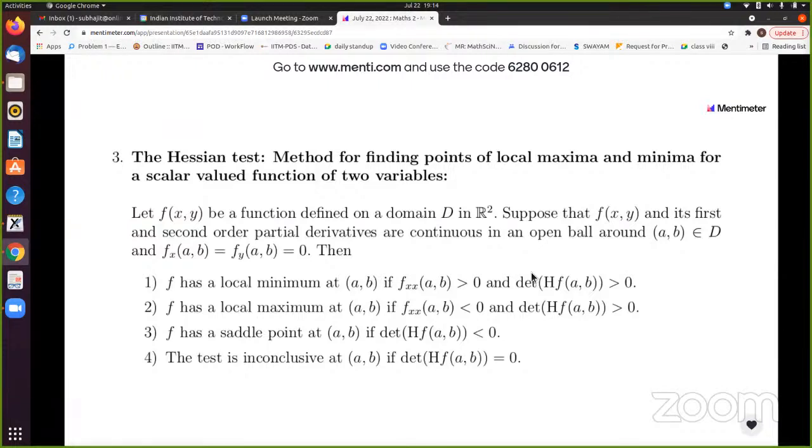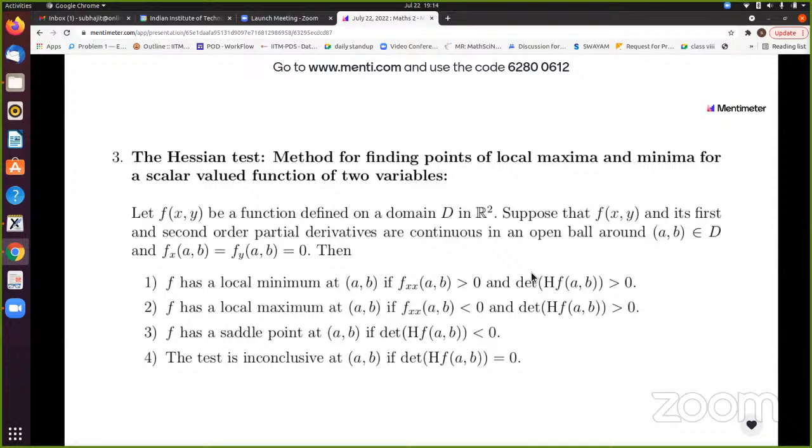If the second order derivative with respect to x is greater than 0 and the determinant of the Hessian is also greater than 0, then it is a local minimum. If the determinant of the Hessian is greater than 0 and the second order derivative is less than 0, it is a local maximum. If the determinant of the Hessian matrix is less than 0, then it is a saddle point. Even when all the partial derivatives are continuous, the test may be inconclusive if the determinant of the Hessian matrix is 0.